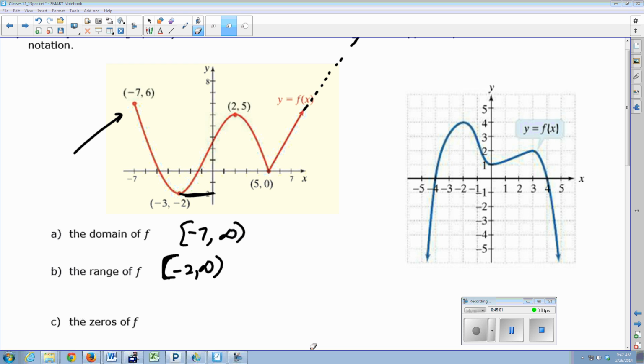But remember, the definition for a relative maximum is that it's the point right here, and to the left of that point, your function is increasing, and to the right of that point, your function is decreasing.